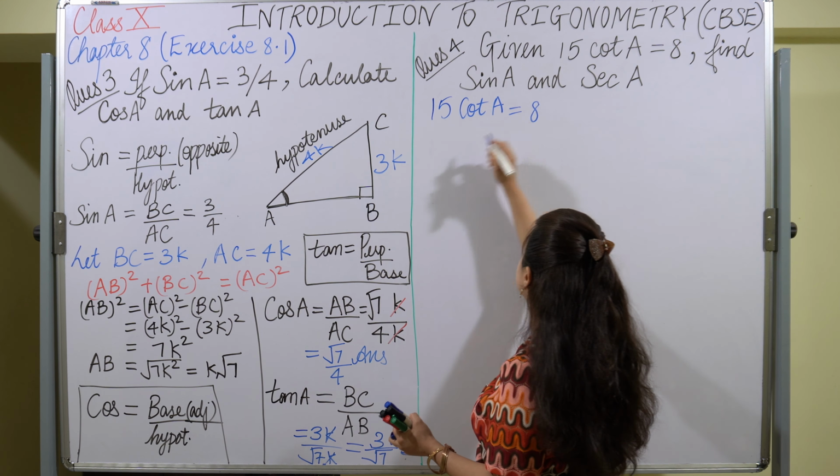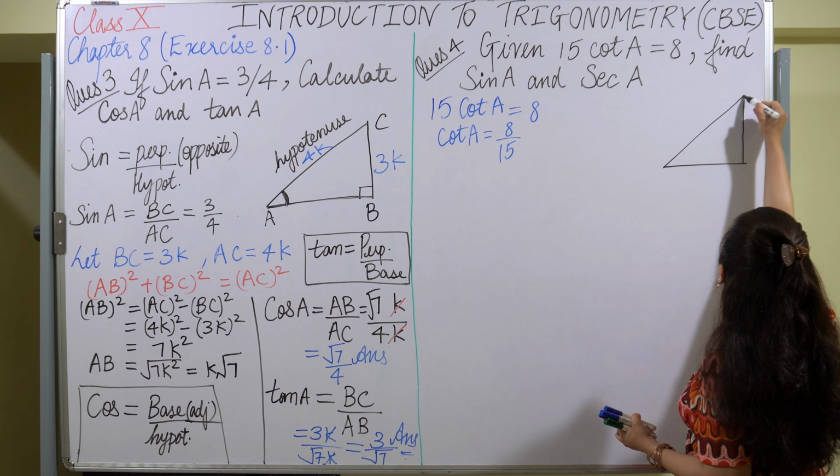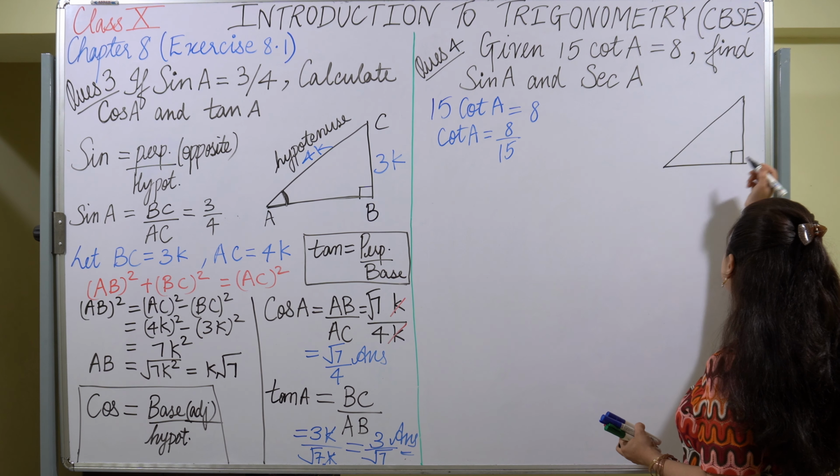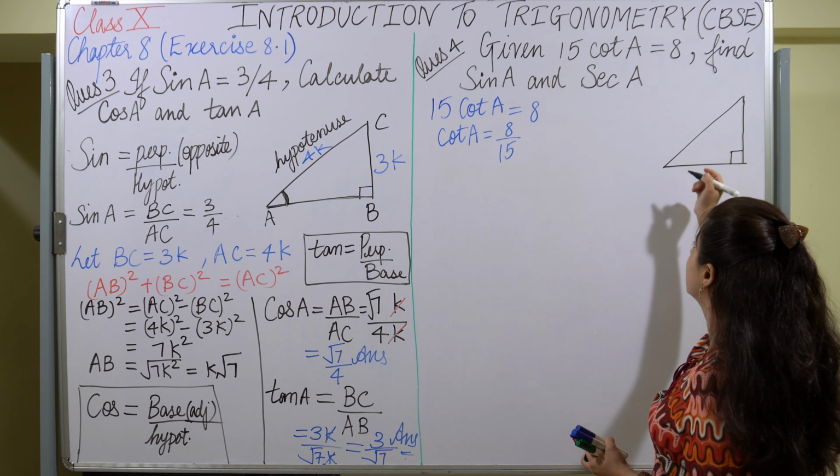Now let us draw the figure similar to question number 3, as we have done in question number 3. 90 degrees is over here. This is the hypotenuse and let us mark it as A, B, C. So cot A, cot is the reciprocal of tan.